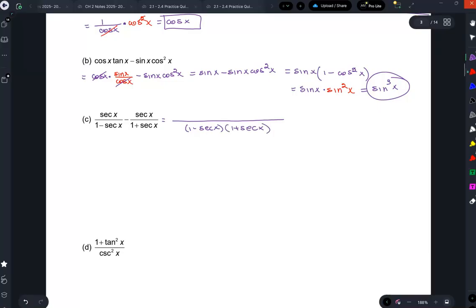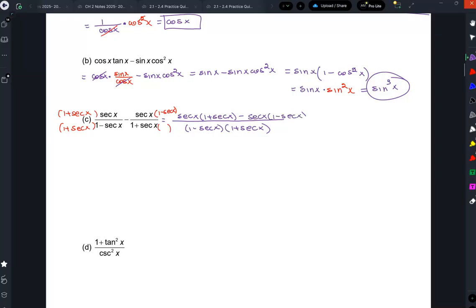Okay, so to make this a common denominator, I need to multiply this by 1 plus secant x, and then this one by 1 minus secant x, right? Okay, so what do I get here? I get secant x times 1 plus secant x, minus secant x times 1 minus secant x.